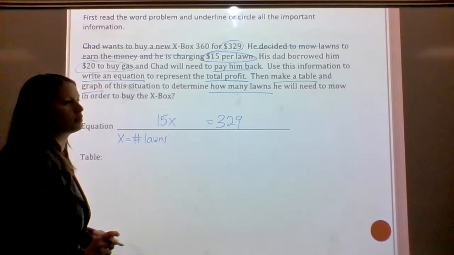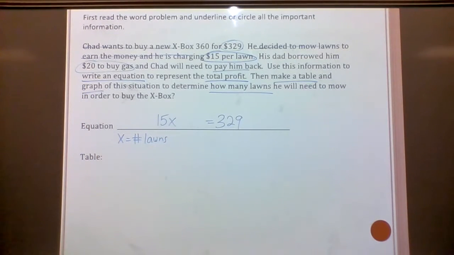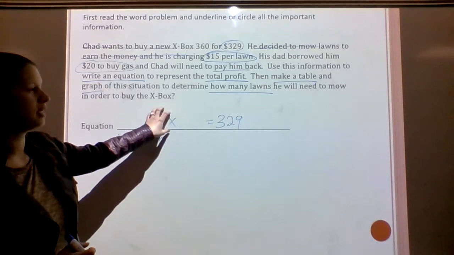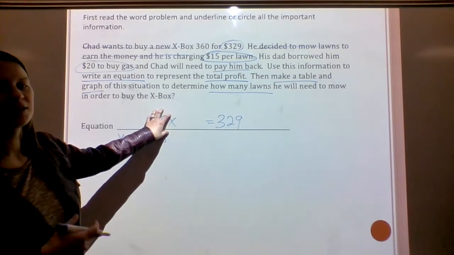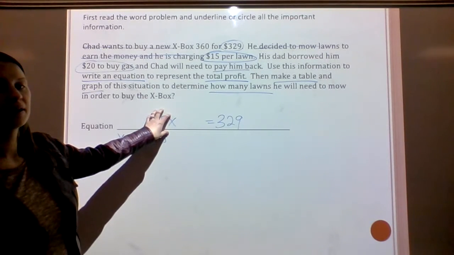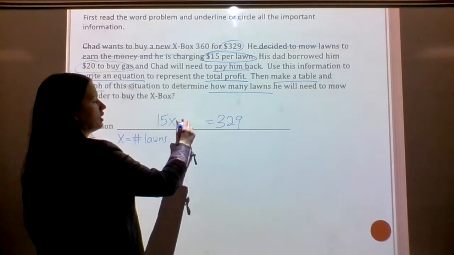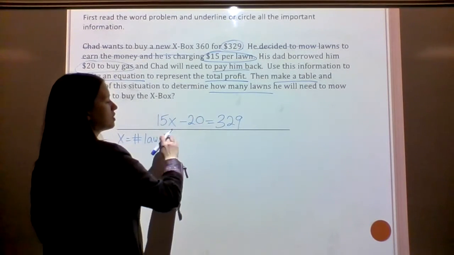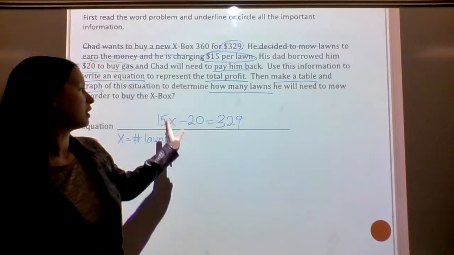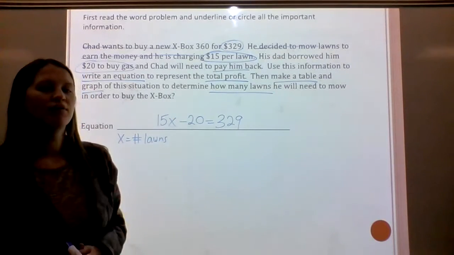You can choose your variable, it doesn't have to be X. And he's got $20 that he started with. So this is the amount of money he's going to make. He has to pay that $20 back. So we have to actually subtract the $20 from whatever he makes, because once he pays that back, then he's going to have enough for his Xbox.